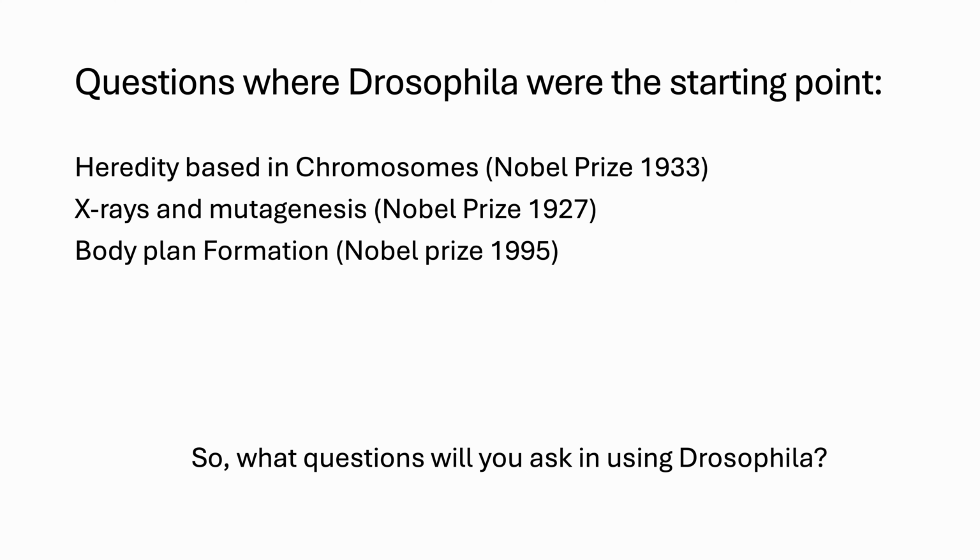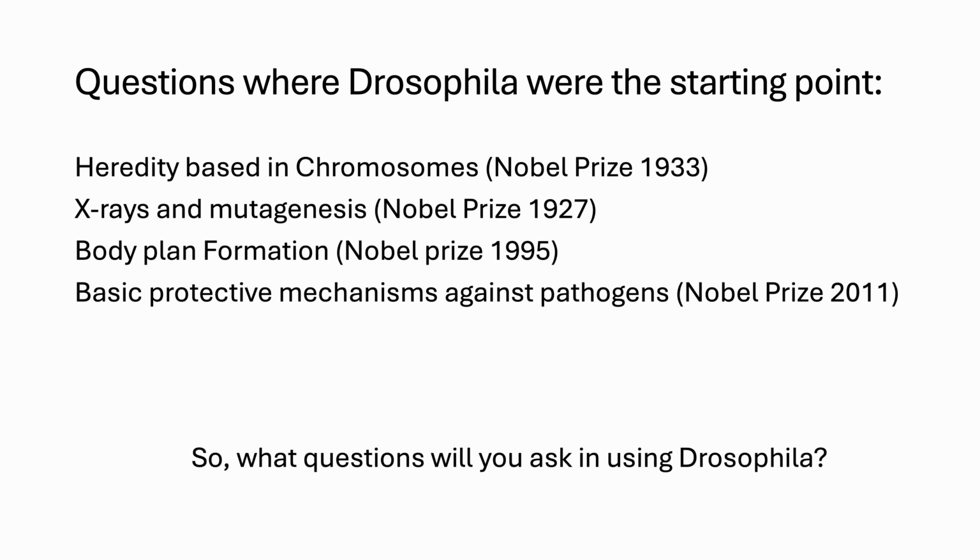Understanding, like I said, why your arm doesn't come out of your hip. Those principles were found in Drosophila. Again, a Nobel Prize winning finding. The protective mechanisms against pathogens won a Nobel Prize in 2011. Then circadian rhythms won a Nobel Prize in 2017.